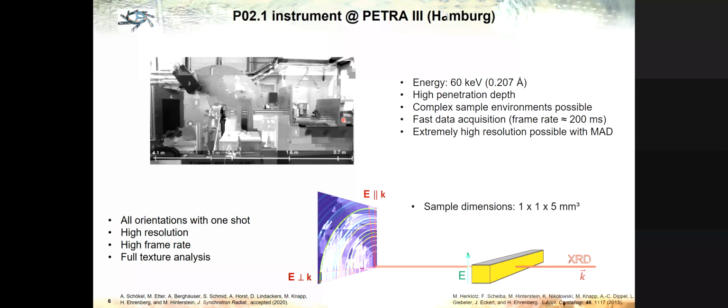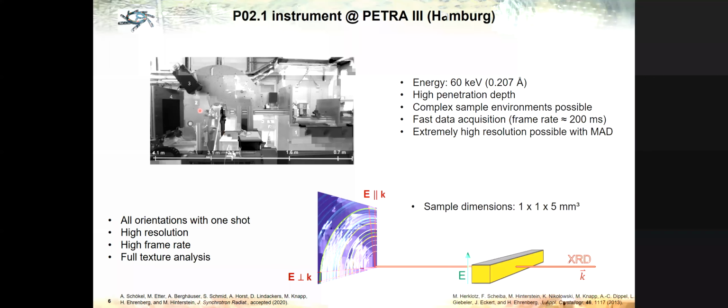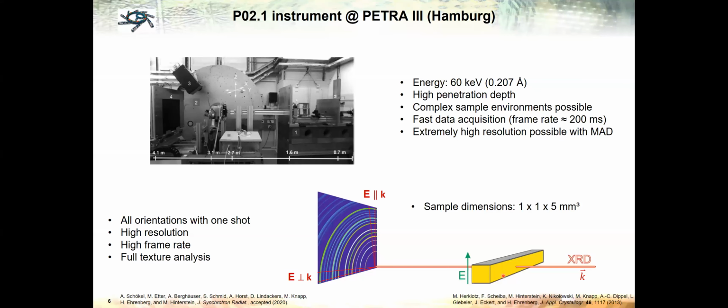A typical synchrotron experiment is sketched here. We frequently go to the PCO2 instrument at Petra 3 in Hamburg at DESY. I also helped build up this beamline, and a typical experiment looks like this. We have our ceramic samples with electrodes, we apply an electric field, and then we use a 2D detector.